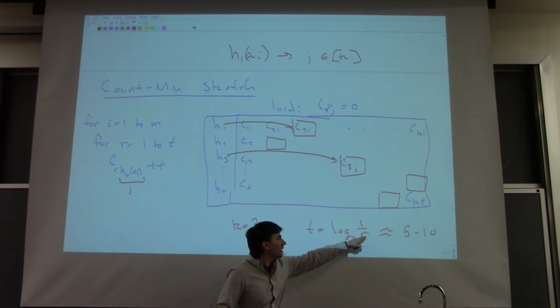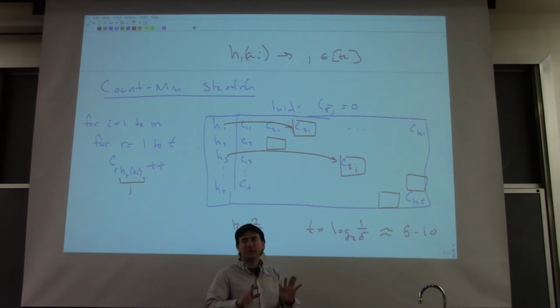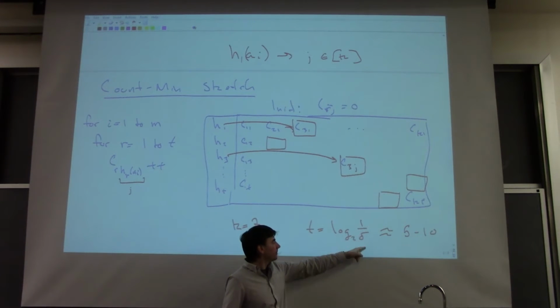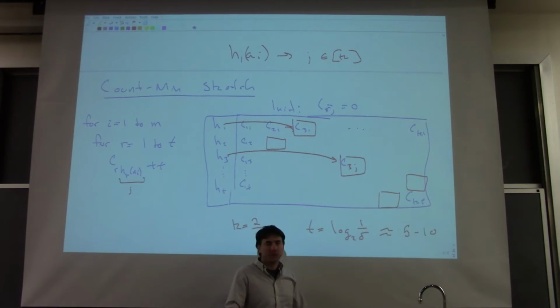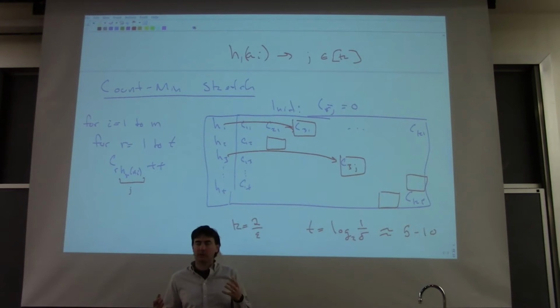If I set this to be like 5 or 10, it means that delta is going to be very, very small. This grows very small as a function of 1 over delta, right?